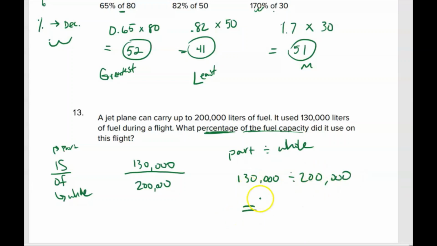When I plug that in, well, actually, I could just do this in my head. All my zeros match up. It gives me 13 over 20. Which simplifies to 65%. They give you 0.65, but remember to make a decimal, move it 2 to the right.